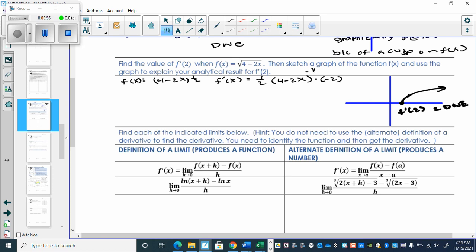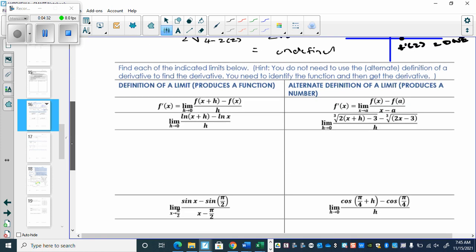So if I want to find f prime of 2, what we'll find is that that does not exist. So I have -2 over 2 square root of 4 minus 2 times 2. That equals -2 over 2 square root of 0, and that just equals undefined. So prove that analytically and graphically.